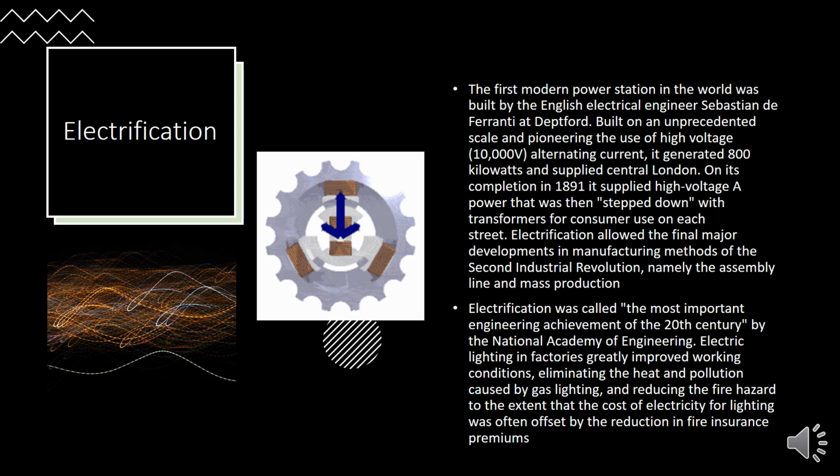So electricity became the way of life then and even now by allowing a final major development in manufacturing methods and also the development of the assembly line and mass production. So it became a major source of energy in producing products in the new way of producing things, the factory system.